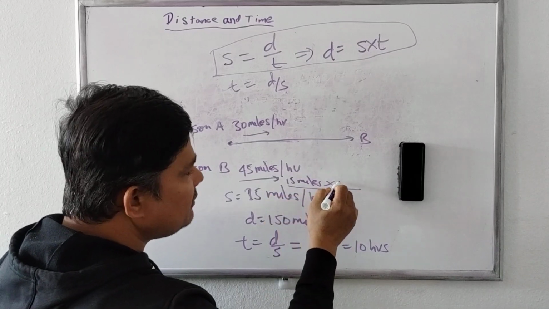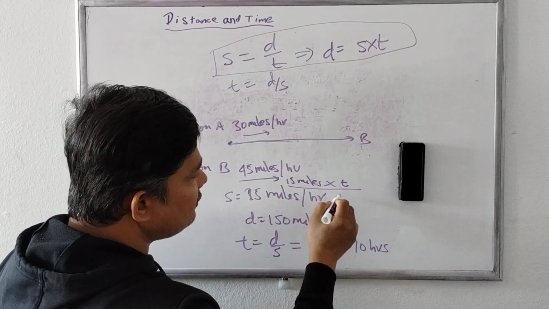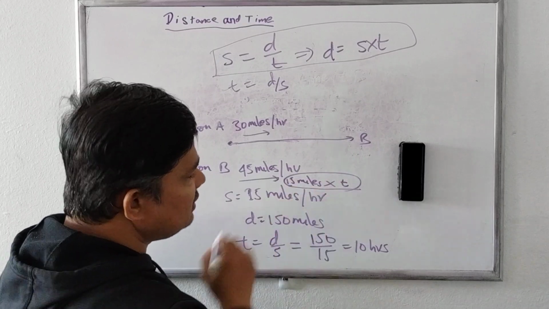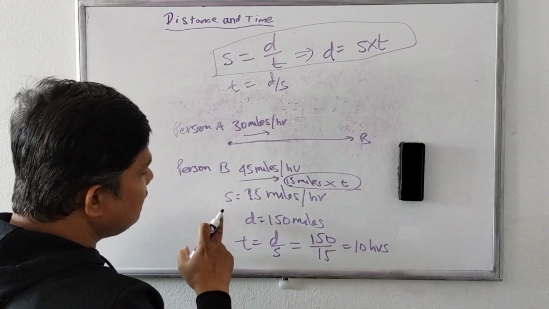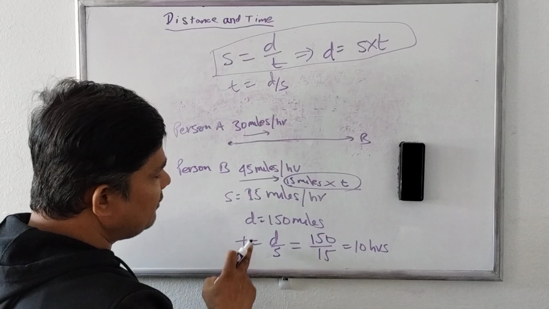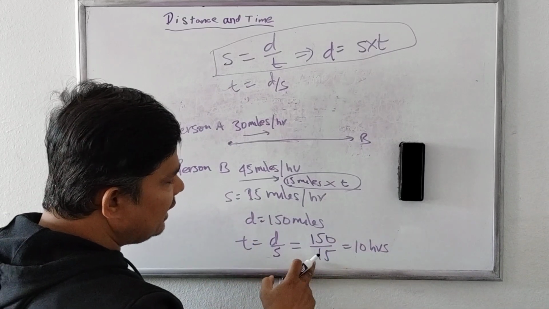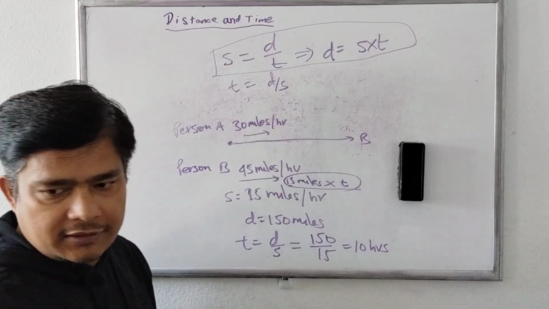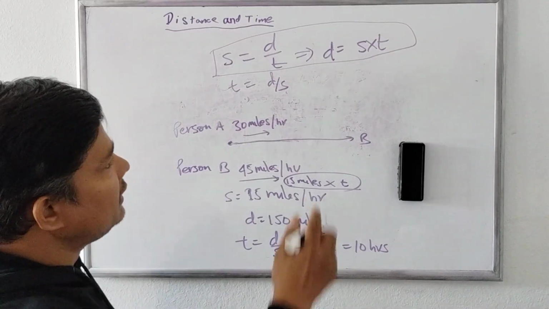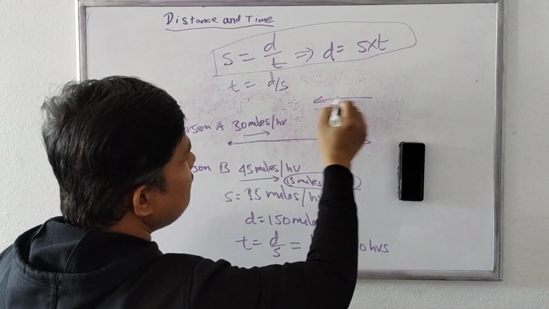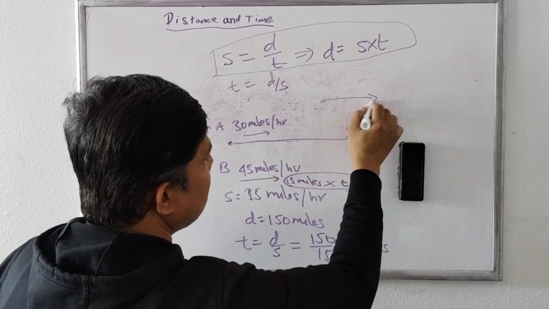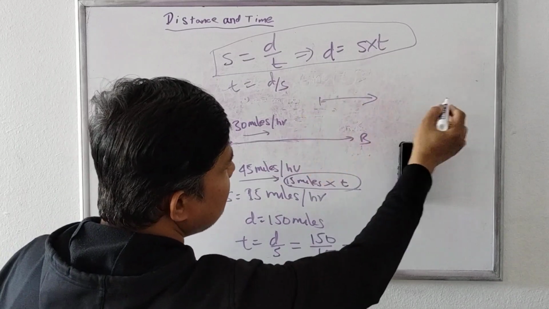Let's say if they travel for T hours, the distance will be 15 times T. And that's why, to compute the time they will take to have a distance of 150 miles between them, it's 10 hours.